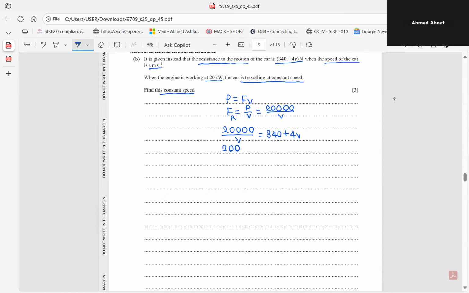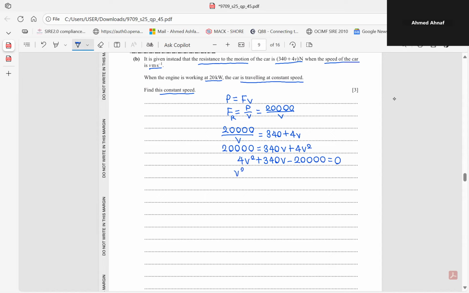So we get 20,000 equals 340V plus 4V squared. Sorry, let me erase this. So 4V squared plus 340V minus 20,000 equals 0.